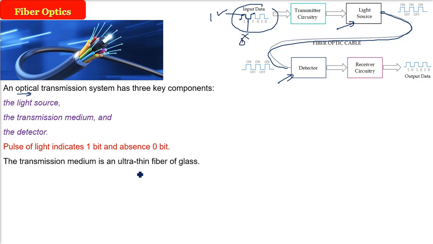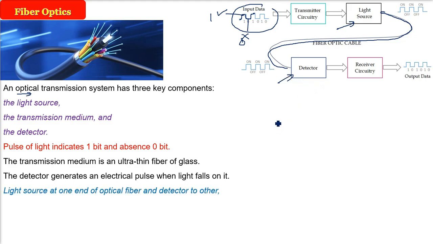The transmission medium, you see here, is a very ultra thin fiber of normal glass. The detector generates an electric pulse whenever light strikes it. So there is a light source at one end of the optical fiber and a detector at the other end, giving you a unidirectional or simplex data transmission system.